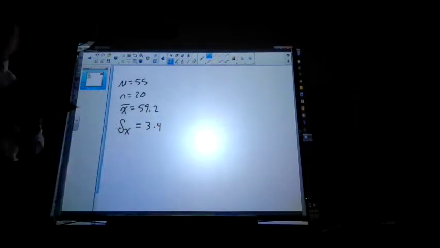So this should tell you right away you're using a T-score. There are 2 main things to indicate. The most important one to realize is you do not have the standard deviation of the entire population. You have the standard deviation of the sample. So that says T-score right away. The other thing that stands out on this is you are only using 20 people. Is that okay?